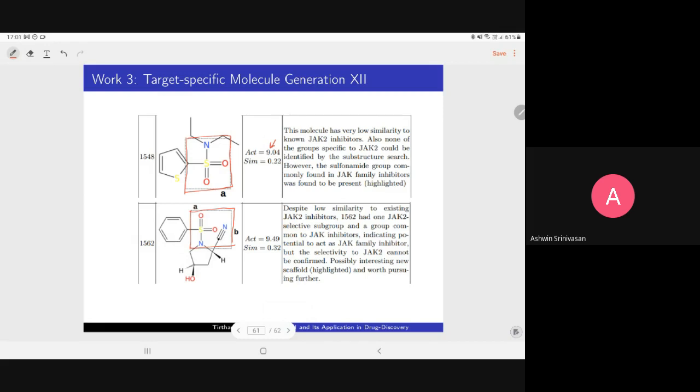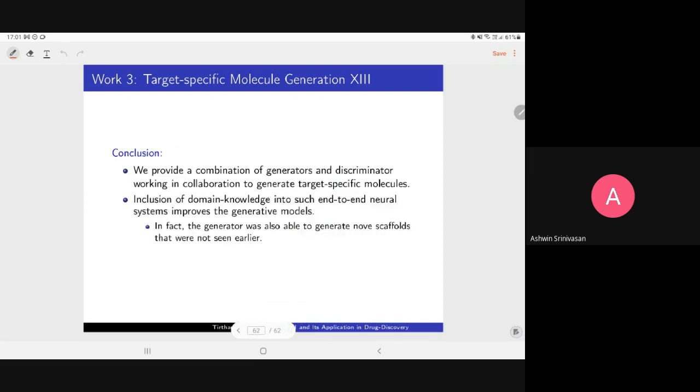This is a result of the fact that we have been able to incorporate this additional relation into this kind of conditional generation of molecules. So here we provided a combination of generator and discriminator working in collaboration to generate target-specific molecules. Again, we are saying that the inclusion of domain relations into such an end-to-end neural system improves the generative models.